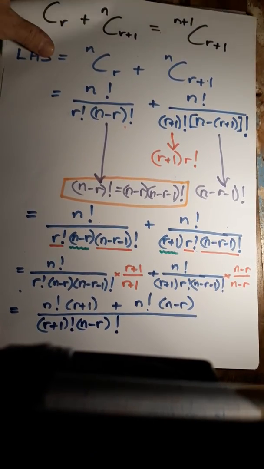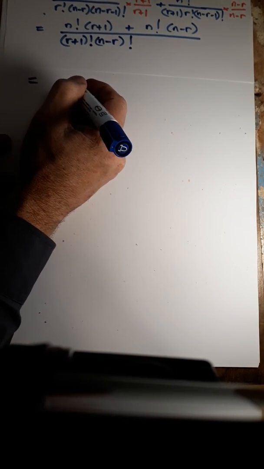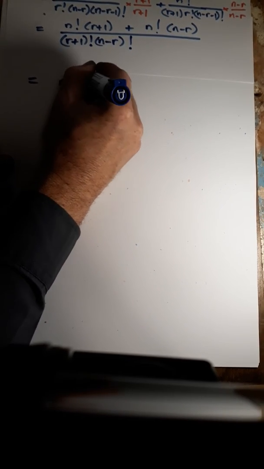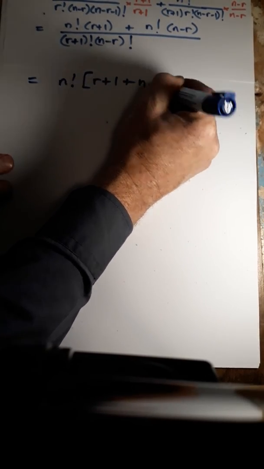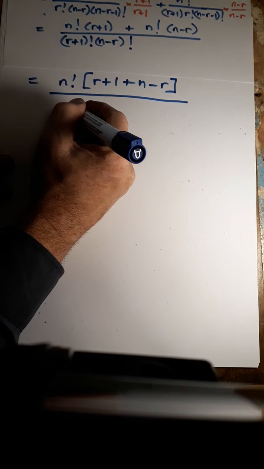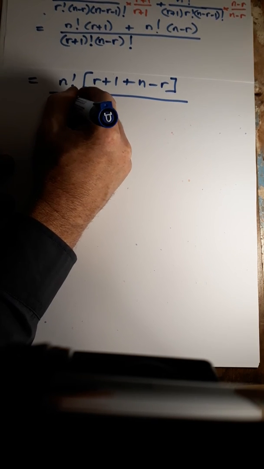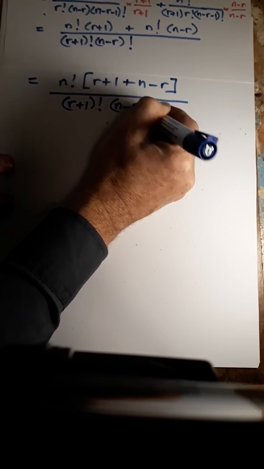Just need to pull this up so we can go over the page. So on the top line, if I factorise it, I have n factorial into r plus 1 plus n minus r. And on the bottom line, I have r plus 1 factorial times n minus r factorial.